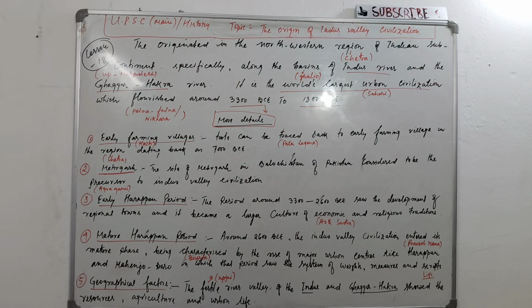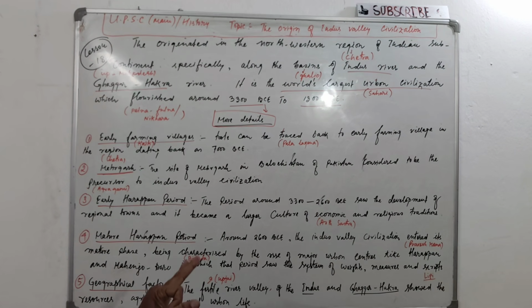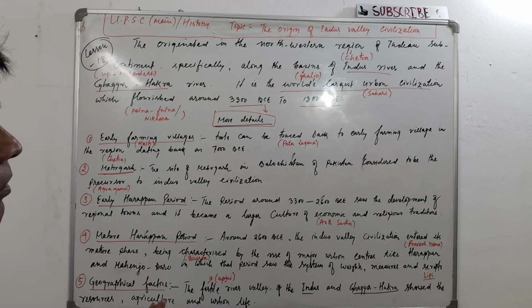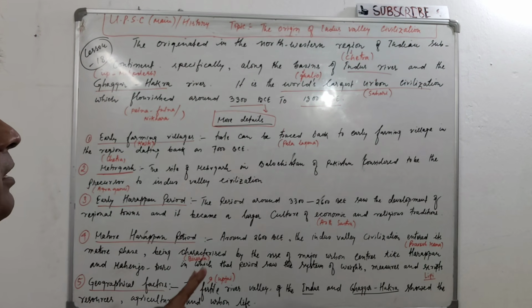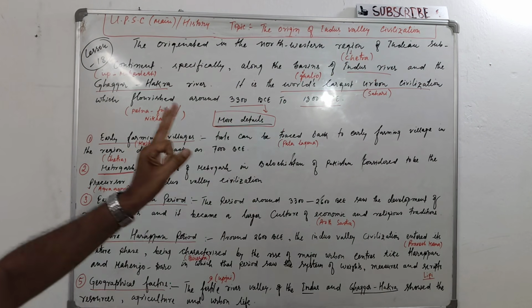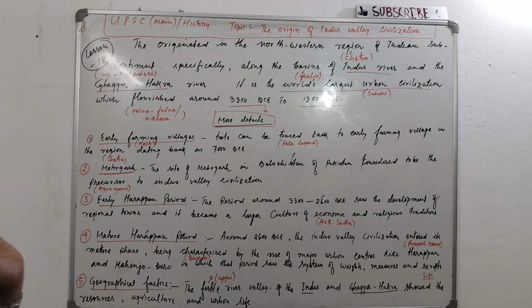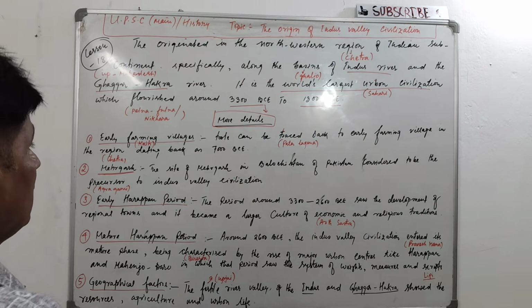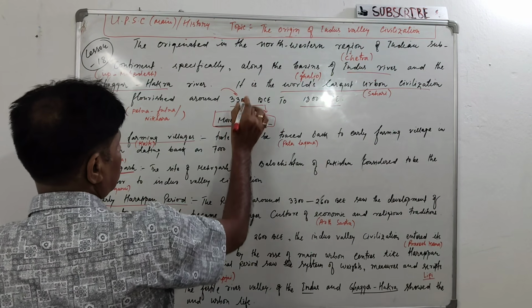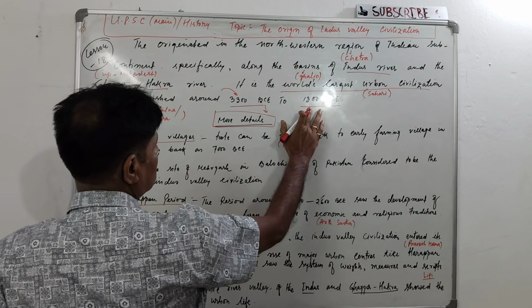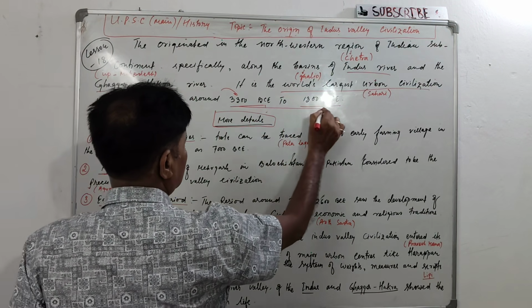The civilization spread across the basins of the Indus River and Ghaggar Hakra River, flourishing around 3300 BCE to 1300 BCE. Remember that.